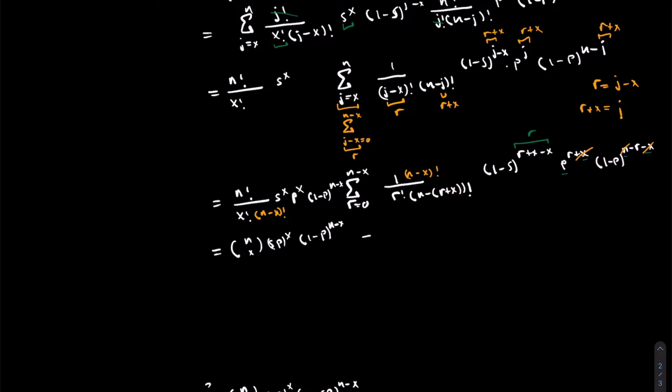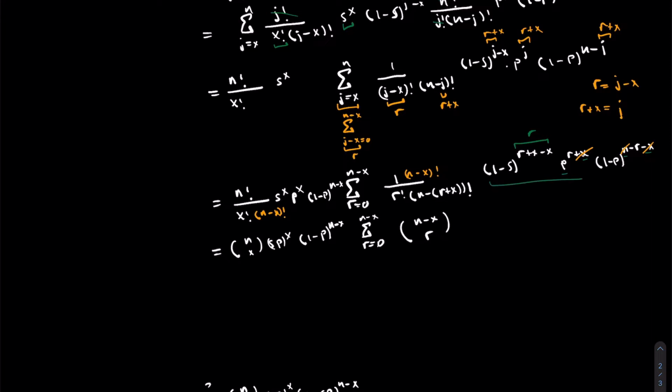And then we have the sum, which is r equal 0 to n minus x. And this is in fact an n minus x choose r, right? And what we end up with, let's see, what do we have here?